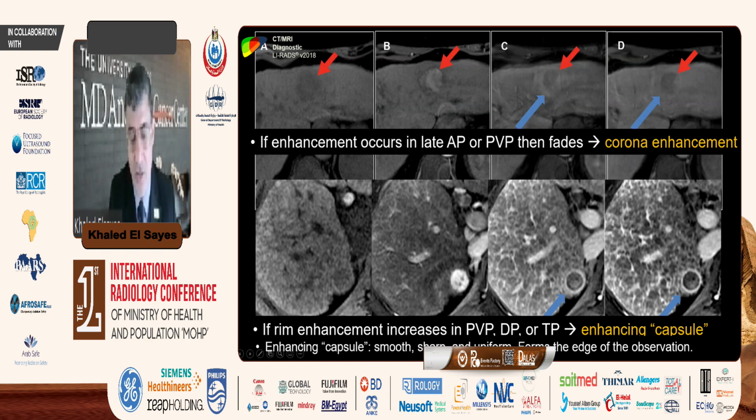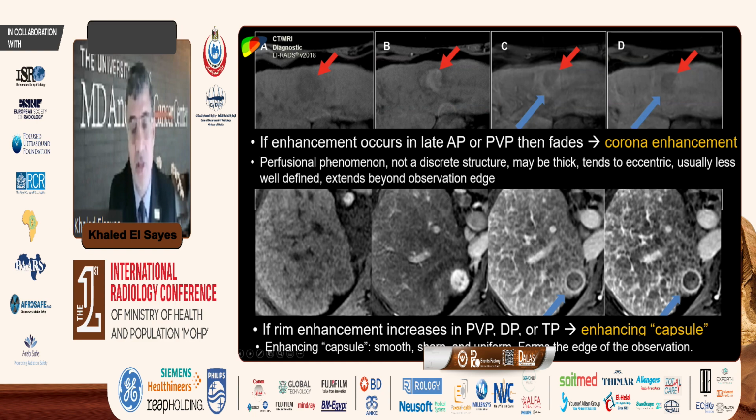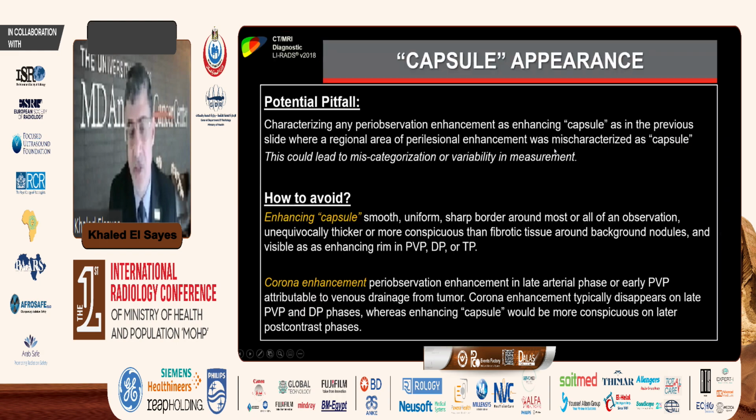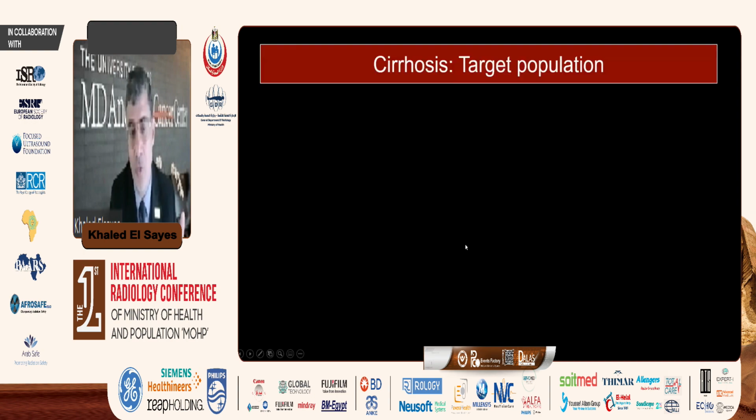And as I said, this enhancing capsule is sharp, smooth, uniform, and forms the edge of the observation. The corona enhancement is a perfusional phenomenon, not a discrete structure. Maybe thick, it could be eccentric, usually less well defined as we see here. So this is the last feature. Corona enhancement is not an enhancing capsule, and that's very important for you guys to know, and very important to tell the difference between them.